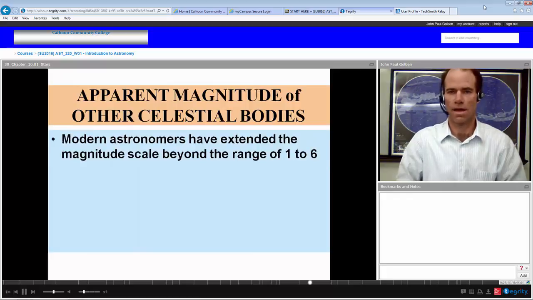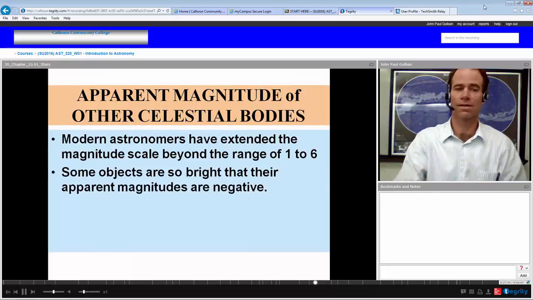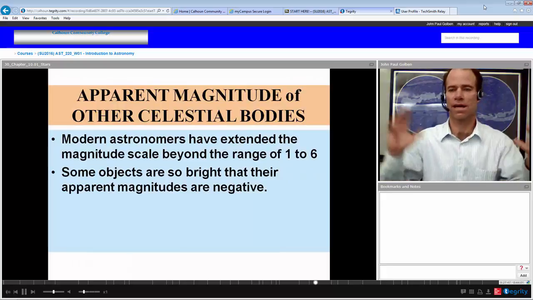Well, obviously, since we're looking at Sirius, there are objects that are brighter than magnitude 1, Sirius being a magnitude -1. How can we get -1 magnitude? Well, astronomers found that there were some objects that were brighter than this scale of 1 to 6, and hence if you continue the scale, making things that are brighter by a factor of 2.5, 0, say, and then brighter than that by a factor of 2.5, -1, then you can go beyond this scale of 1 to 6.